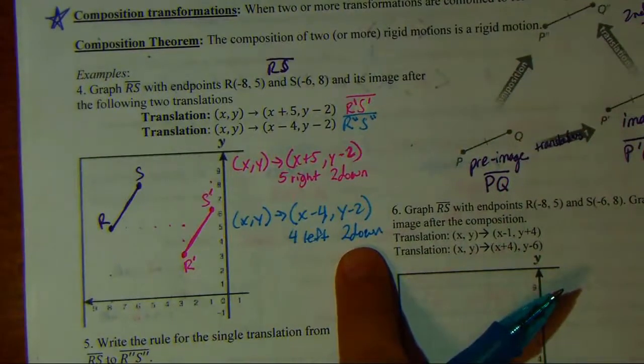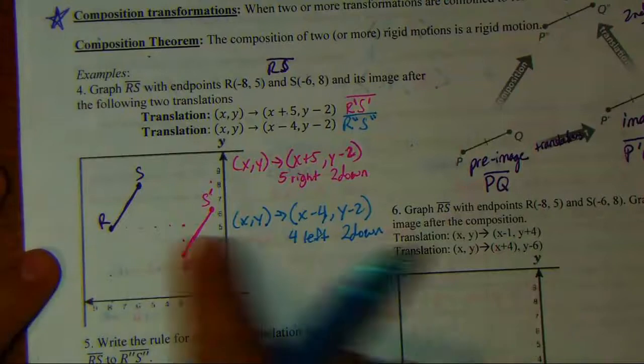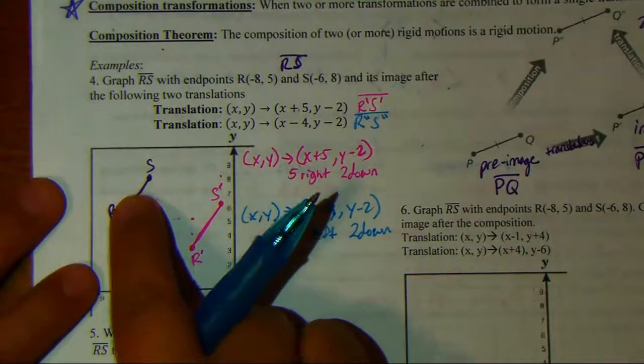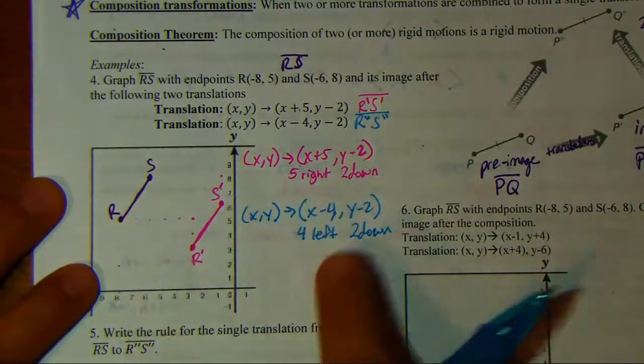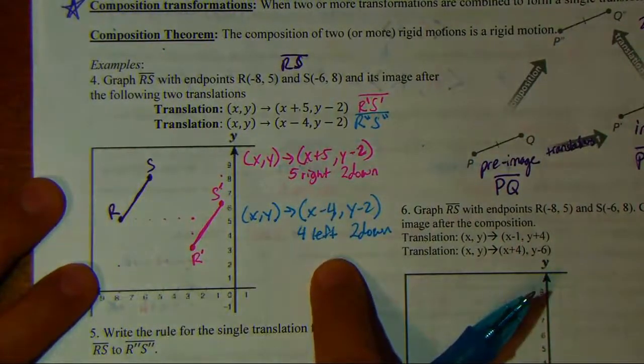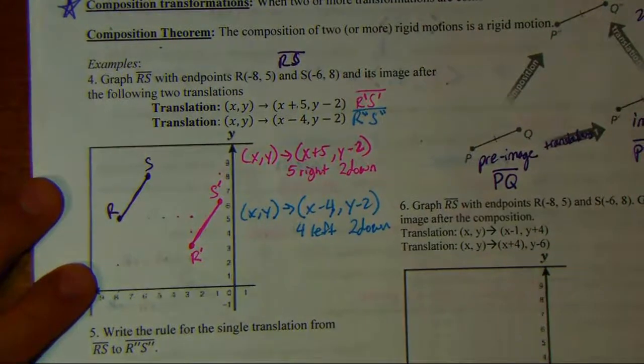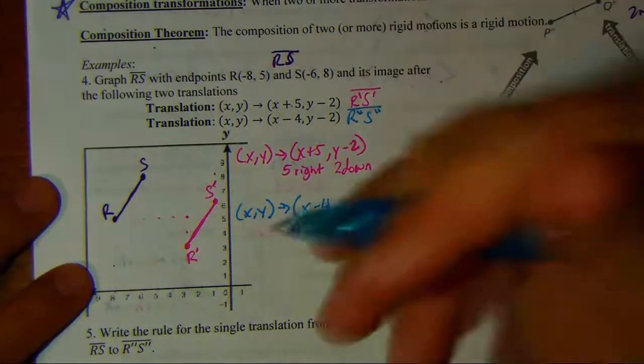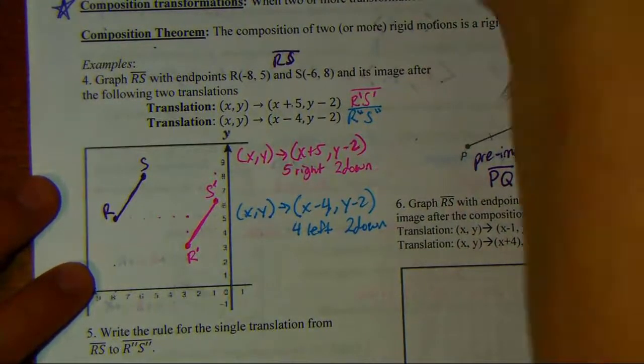But here's the thing. I don't go back to the pre-image. I don't go back to the original when performing my second translation. Just like if you drove a car to store number 1, you wouldn't drive the car back home and then drive it to store number 2. You would continue from store number 1 to store number 2.